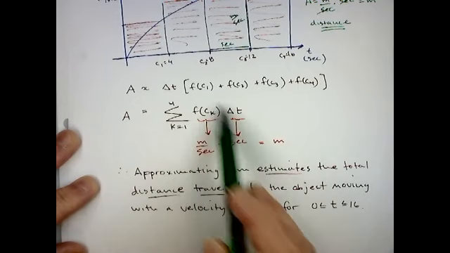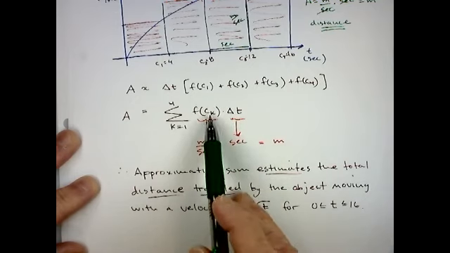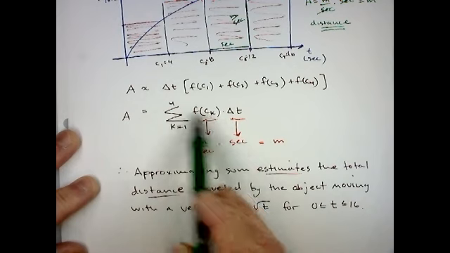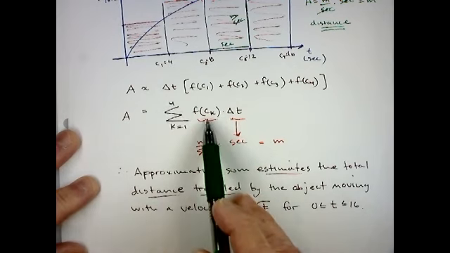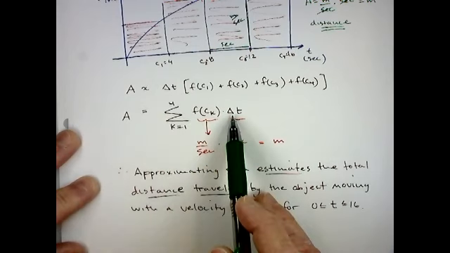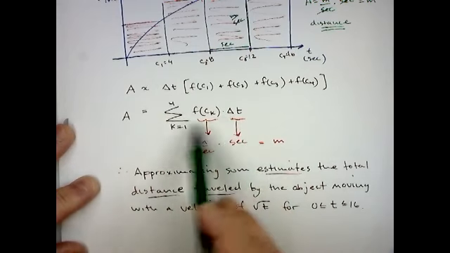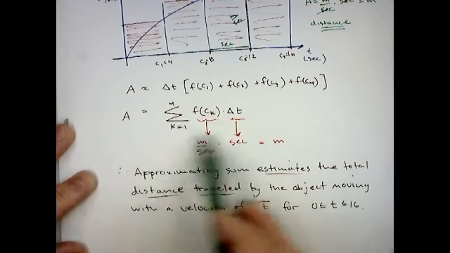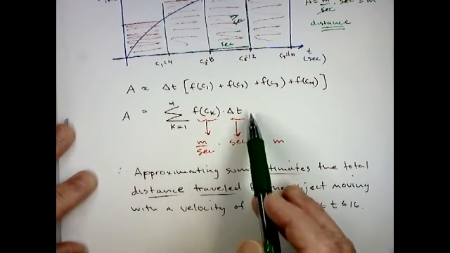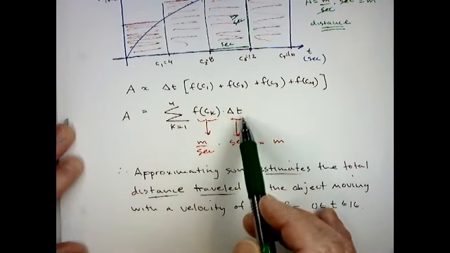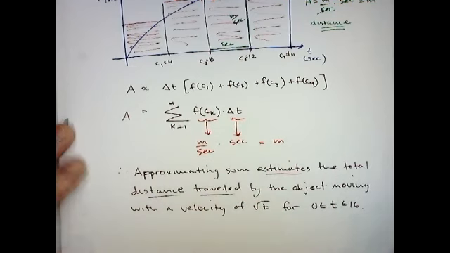I'm adding these together, where k becomes 1, 2, 3, and this tells me to stop at 4. And I multiply all those values by delta t. So this is just a way, and we're going to use this more frequently, to denote anytime you're adding up a bunch of numbers, you can write it in summation form.